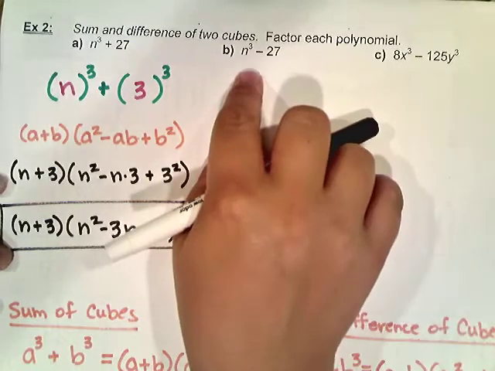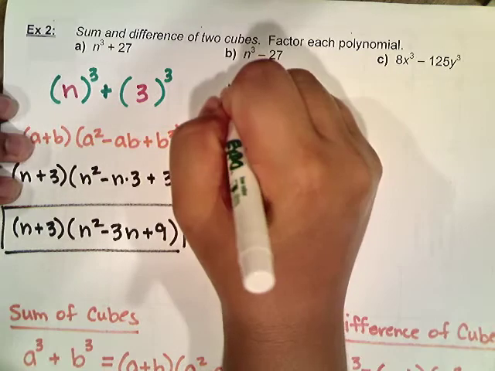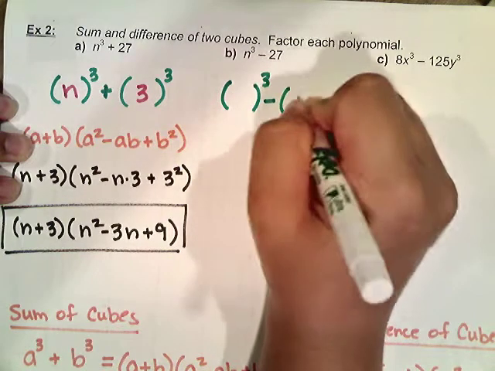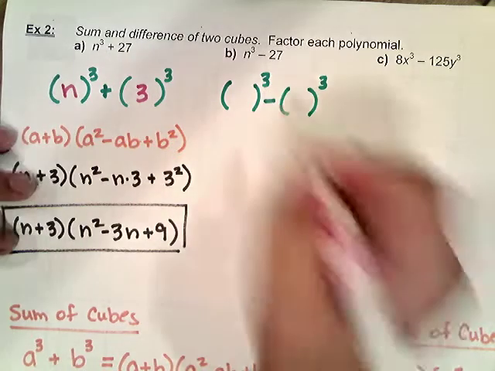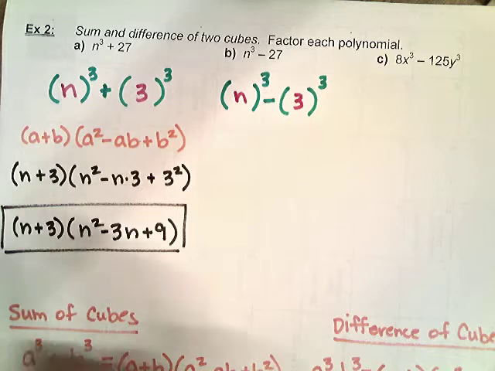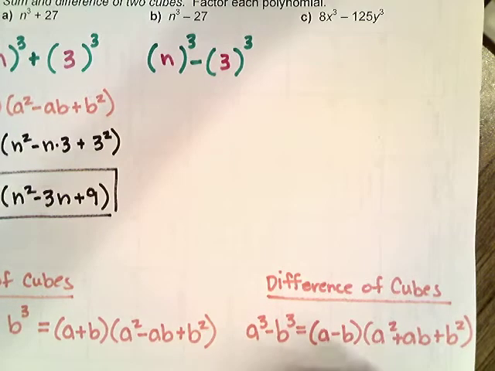Part B is something really, really similar. We still have n cubed and 27, but now we have a minus. So our a and b positions will stay the same. It'll still be n and 3. But now the pattern that we're going to use is going to be a difference of cubes instead.